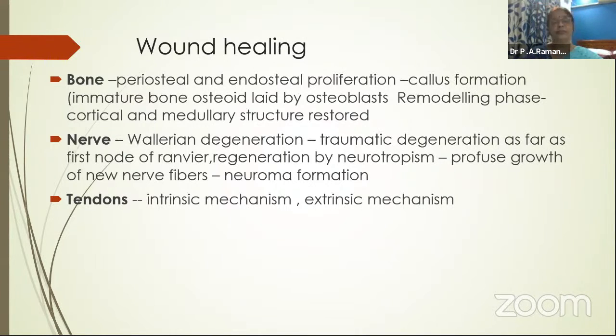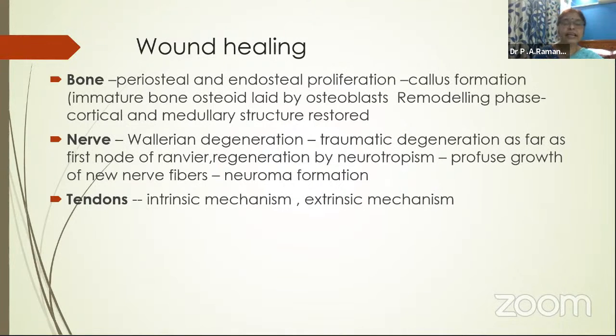Tendons, how are they healing? We have an intrinsic mechanism and an extrinsic mechanism. The intrinsic mechanism is within the sheath. Within the sheath, there is a vincular blood flow, and with the blood flow, there is synovial diffusion, and the tendon starts healing. There is also an extrinsic mechanism where fibrous adhesions occur between the tendon proper and the tendon sheath.